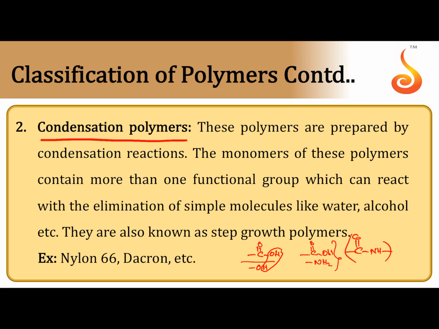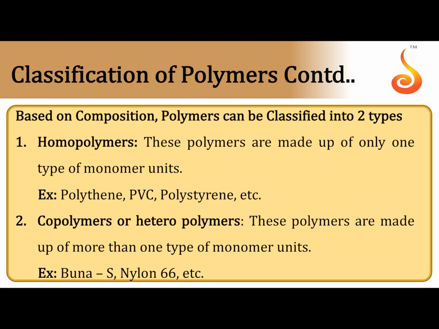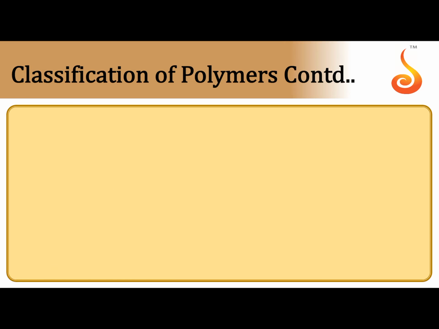So we can get two types of condensation polymers, polyesters as well as polyamides. Classification based on the composition. If only one type of monomer participates, they are called homopolymers, like polyethylene. Copolymers are heteropolymers, when two or more types of monomers are involved. That is copolymer. Example, nylon 6,6.